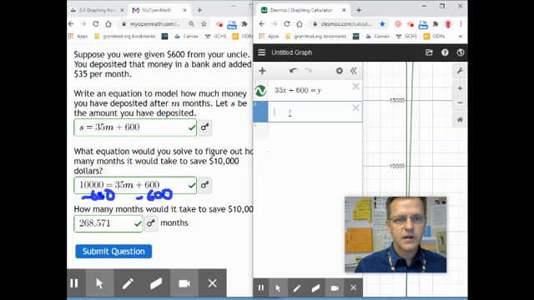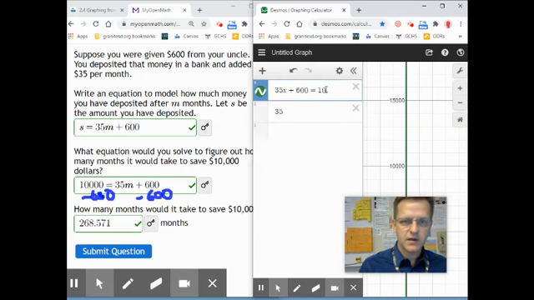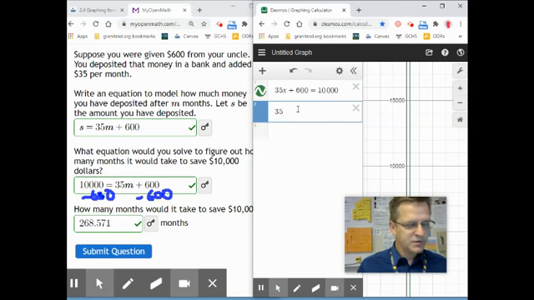That's what we have. If you subtract 600 from both sides, it is equal to 10,000. If you subtract 600 from both sides, you'd get that 35x is equal to 9,400.